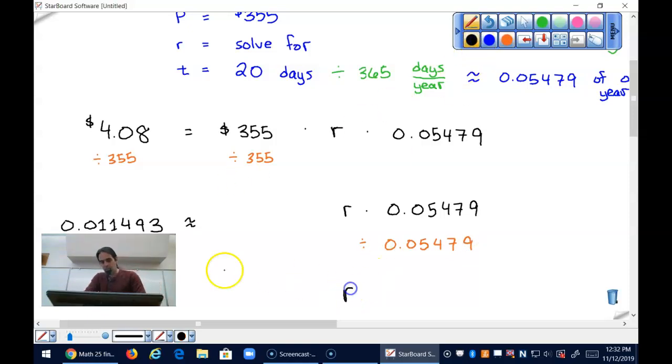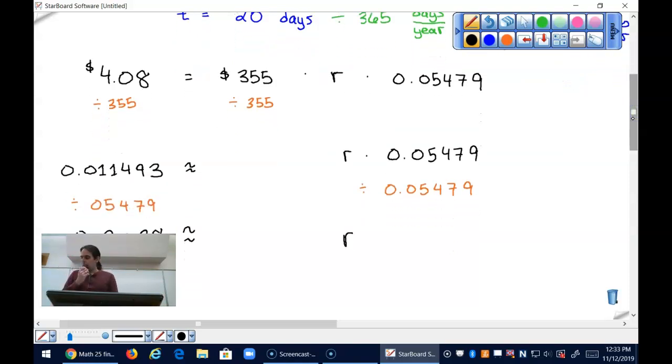So now I finally have R by itself, divided by 0.05479. Okay. 0.02. Did I mess up? Anything you messed up? 0.01149 divided by 0.05479. It's not 0.5, it's 0.05. Okay, thank you.